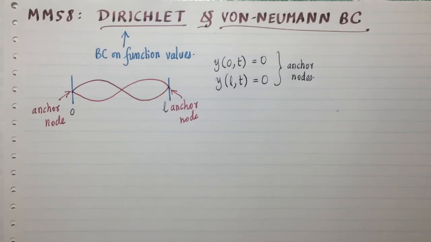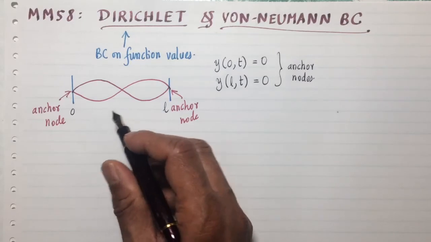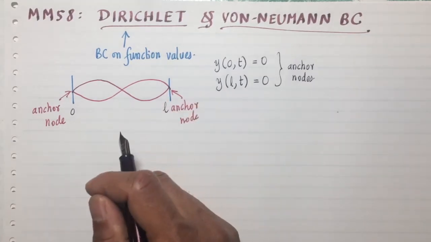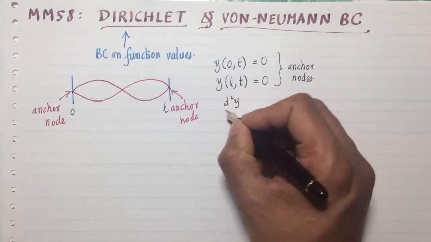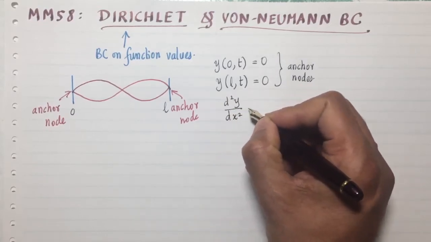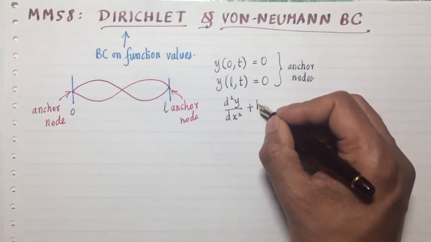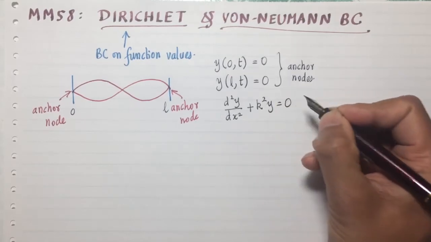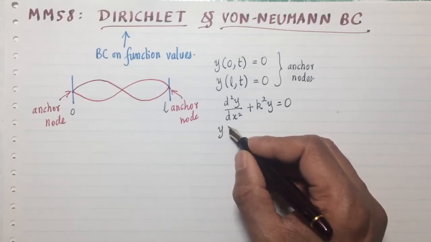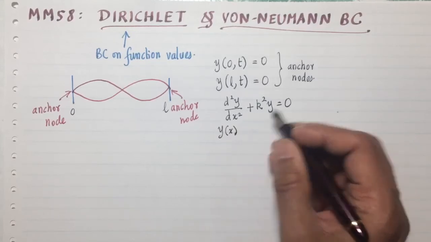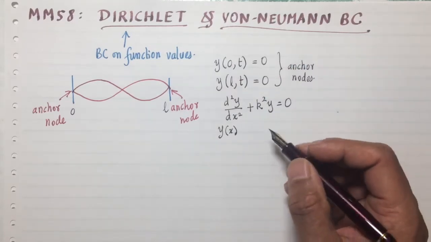And then based off of this, when you put these conditions into the solution of the Helmholtz equation, which in this case is simply the wave equation, basically d2 y over dx squared plus k squared y equal to 0, then you'll end up getting the fact that y as a function of x and t, but the time variable is separate when you do the separation of variables.